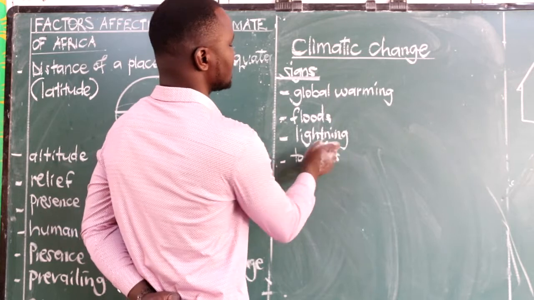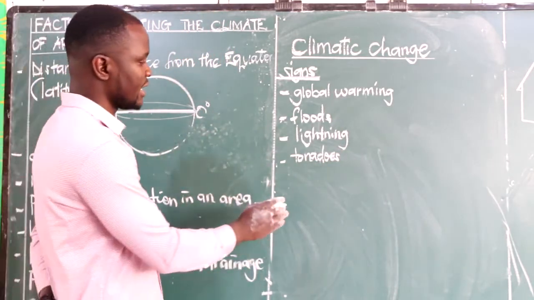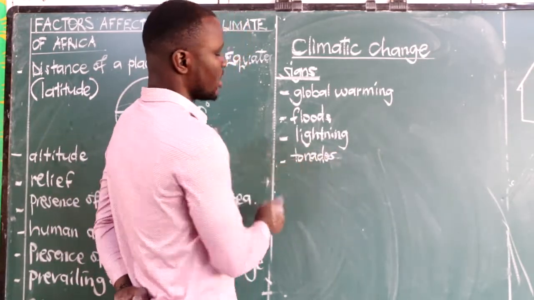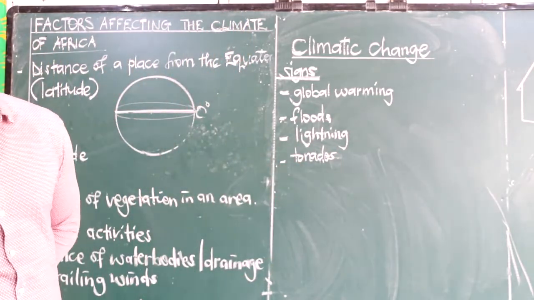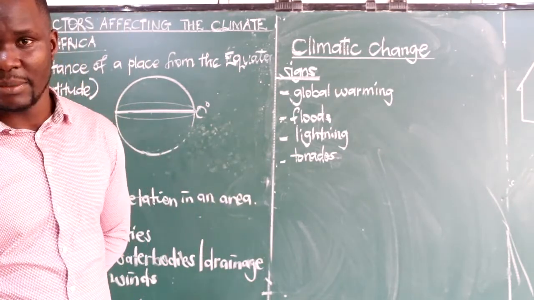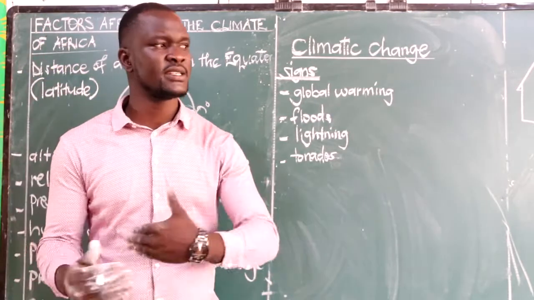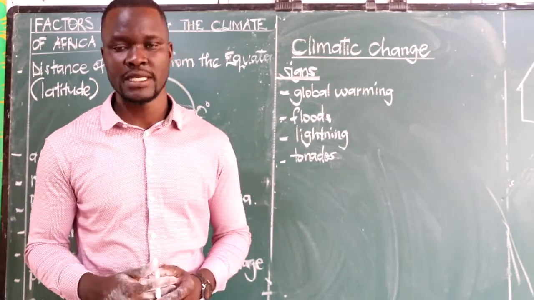These are the winds that begin happening in an area. So those, among others, are the signs to show that the climate is changing in an area. Now, what brings the changes in this climate or in these climatic conditions?